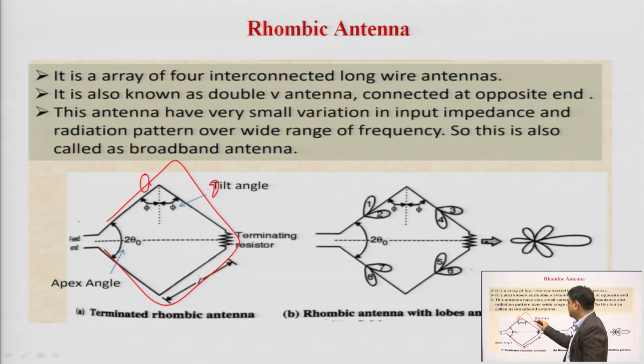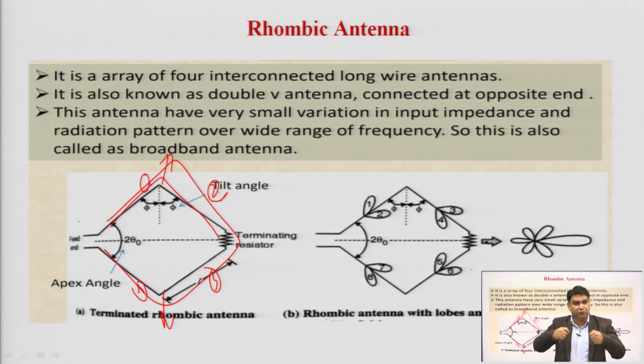1, 2, 3 and 4, and these are the connections. Or you can say that there are only 2 wires, this wire and this wire, and these 2 wires are pulled apart from each other to form a rhombus.